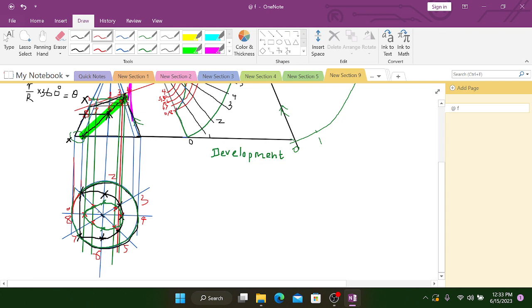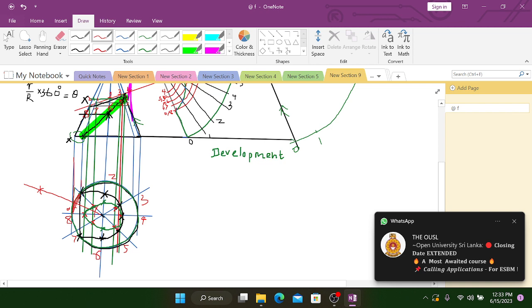So how to bisect it? I have to keep my compass here, cutting the arc, and here, and I want to cut that. Then I want to bisect this. Then I want to draw this chord, and this amount is equal to this amount.